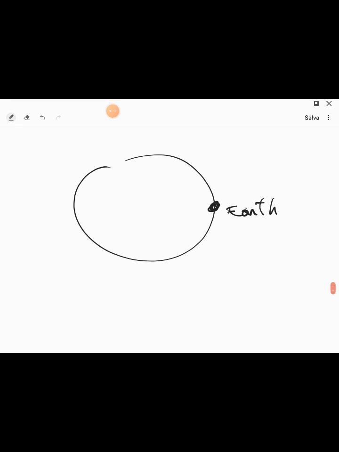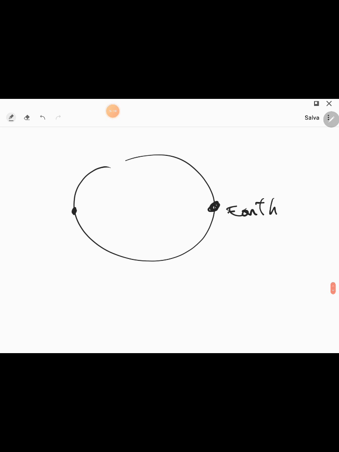Okay. So this is Earth. And we have a point on this orbit called perihelio.